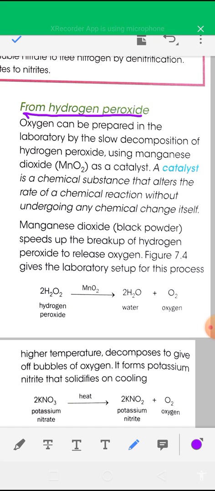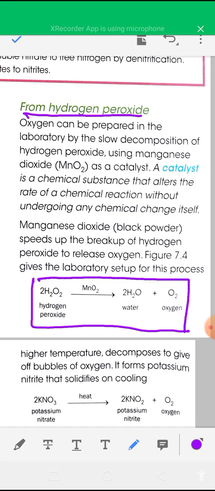Hydrogen peroxide decomposes to give water and oxygen in the presence of a manganese dioxide catalyst. In the laboratory, manganese dioxide is used as a positive catalyst for the decomposition of hydrogen peroxide into water and oxygen.